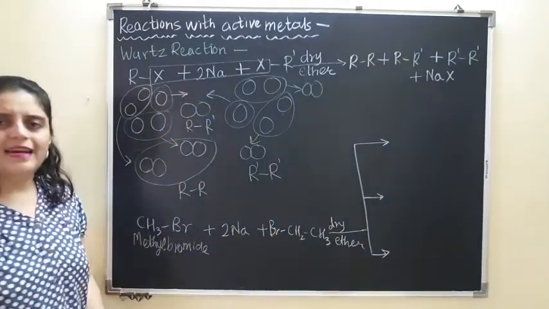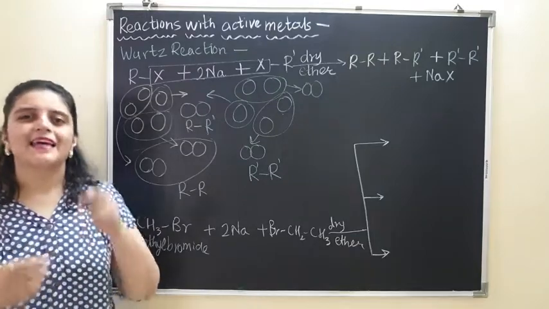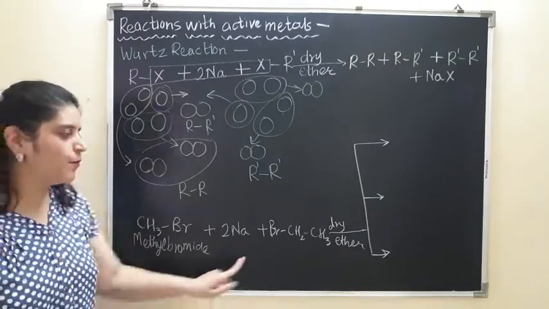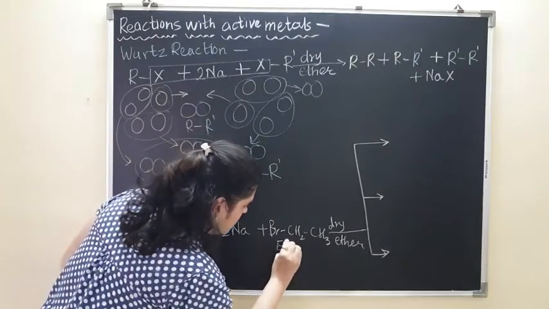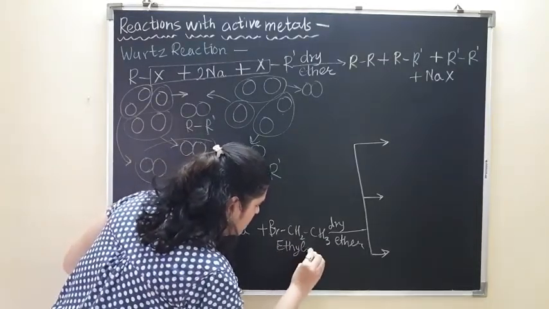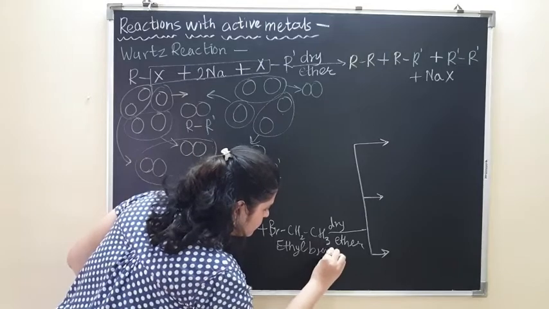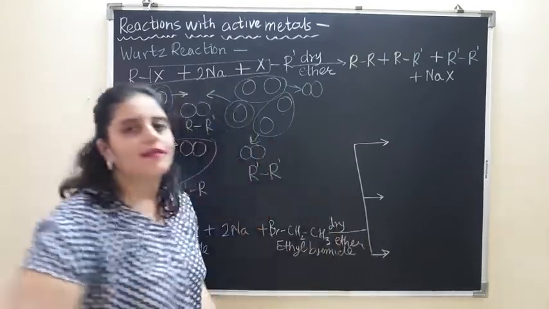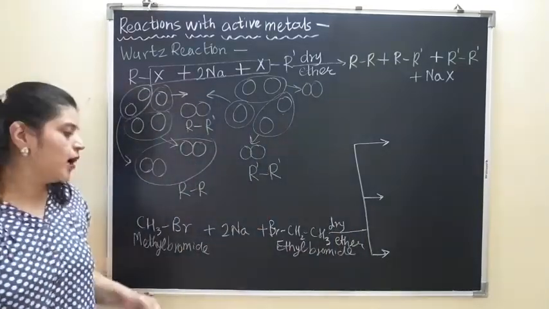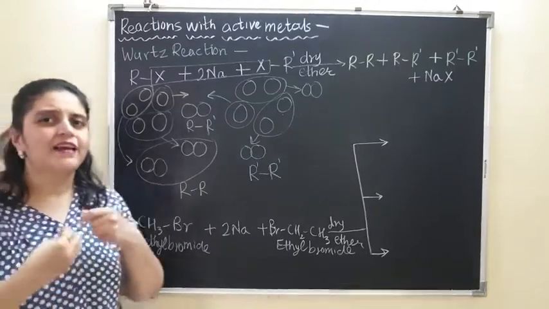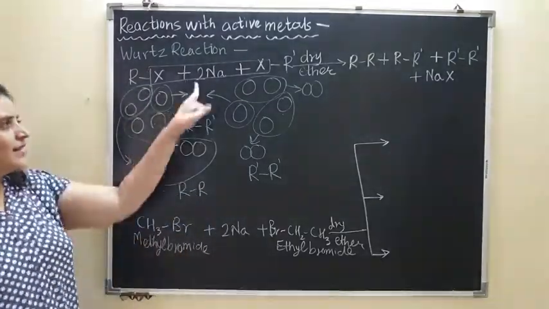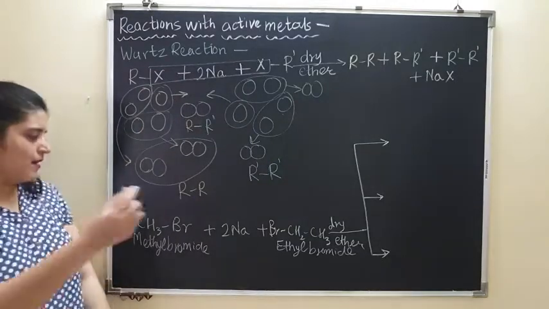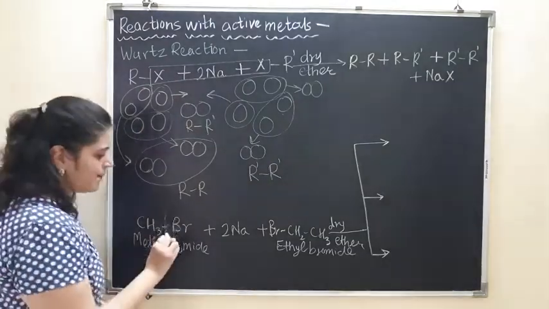So now, as I told you all, it is not possible that there is only one molecule of methyl bromide and only one molecule of ethyl bromide. There are going to be millions of molecules of the first alkyl halide, millions of molecules of second alkyl halide. So, just like the previous example, NaBr will be formed.